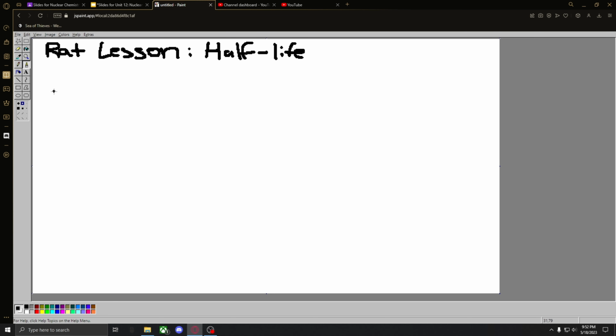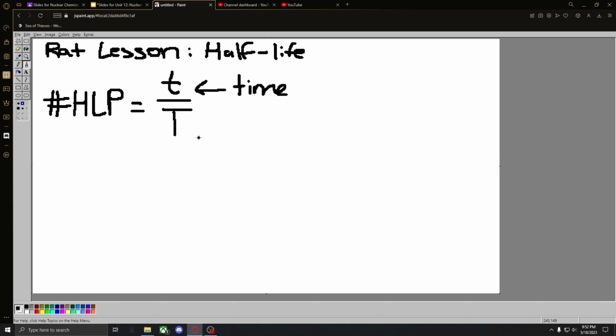A formula we can use is: number of half-life periods is equal to time over half-life period. This little t is the time. This big T is the half-life.